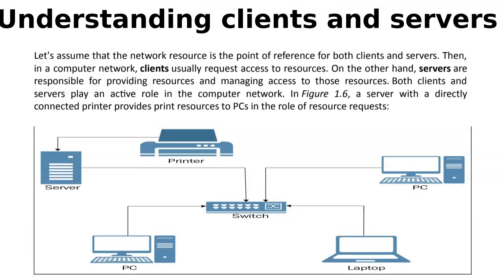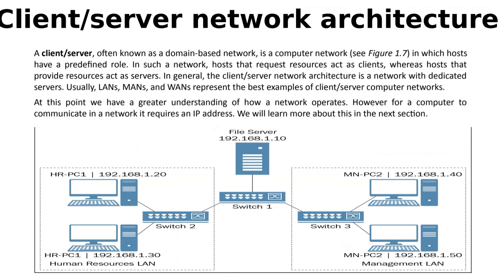The server will have a network operating system installed on it. And the computers are connected using switches. We have a printer also connected to the network. So this is the client-server network architecture.